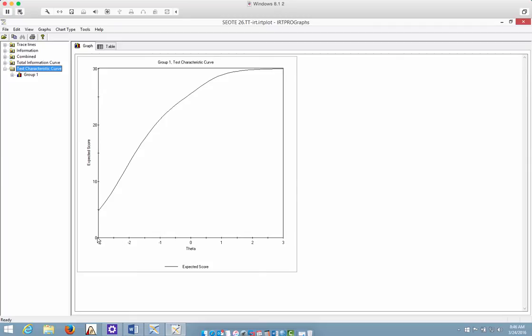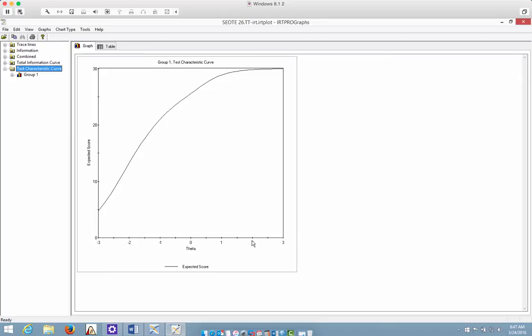And notice that the scale runs from 0 to 30 because IRTPro assigned 0 to strongly disagree and 5 to strongly agree. So we had 5 categories, and if everybody agreed, 6 items times 5 would be a possible highest score of 30, versus if somebody didn't agree with any of the statements, they strongly disagreed, then they would have a 0.